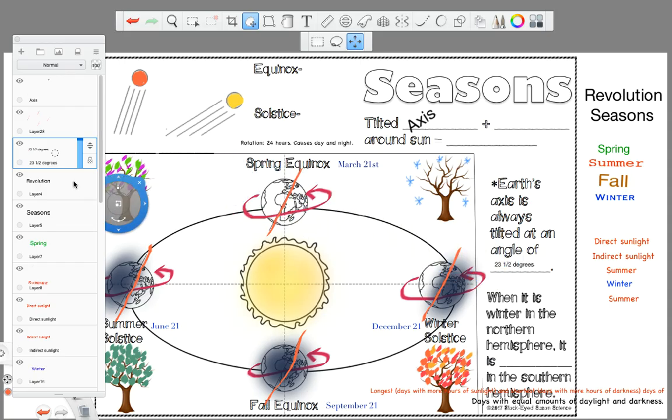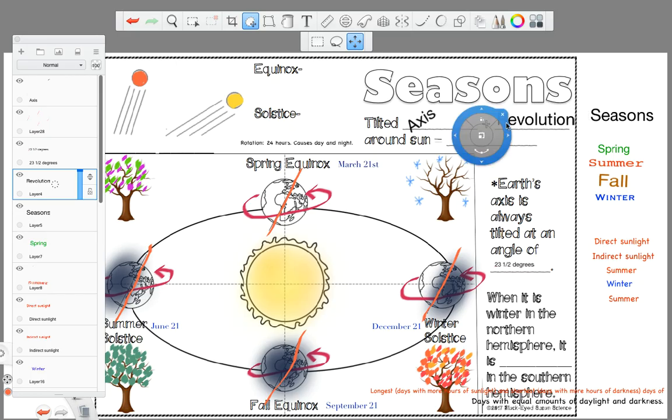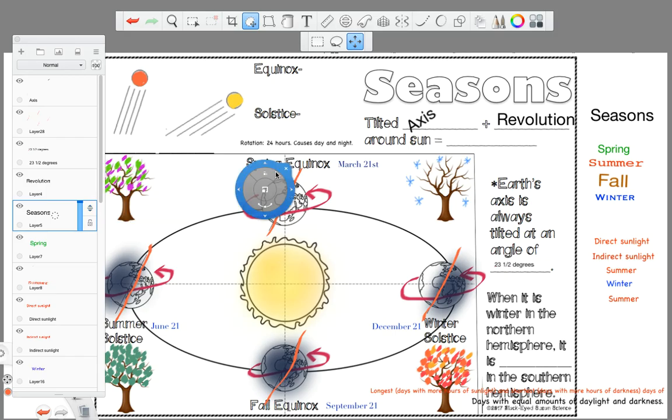So this tilt plus our movement around the sun, which is what we call a revolution. Revolution is 365 days or one time around the sun. So this tilted axis plus the revolution is what gives us our seasons.